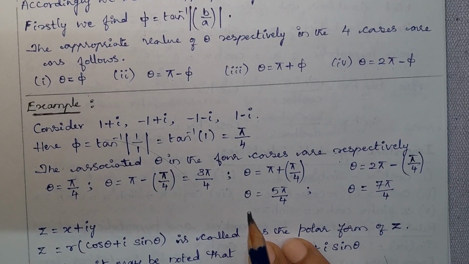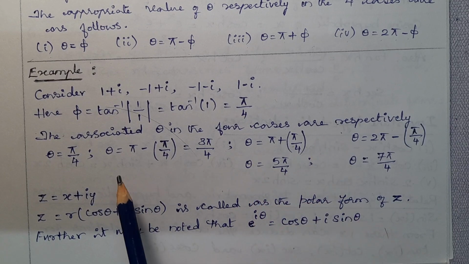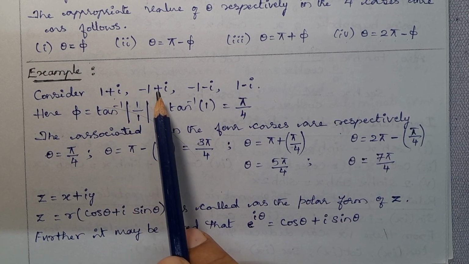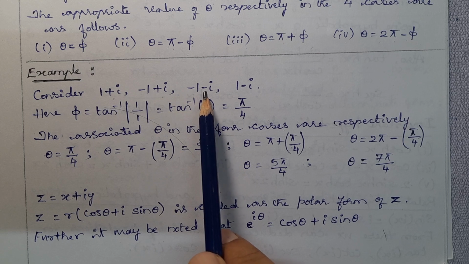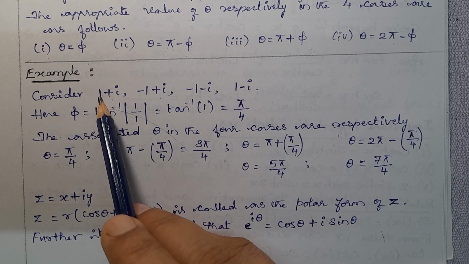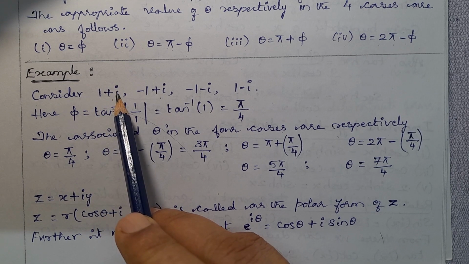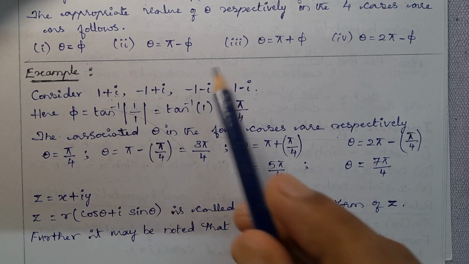Example, consider 1 plus i, minus 1 plus i, minus 1 minus i, 1 minus i. See here, this is real axis, x positive, y is also positive, so first quadrant.